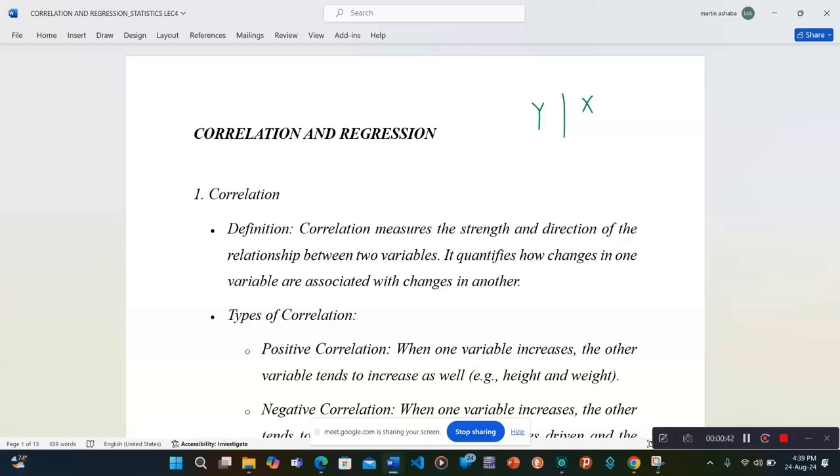So correlation helps us to measure the strength and direction of the relationship between these two variables. It quantifies how changes in one variable are associated with changes in another one.